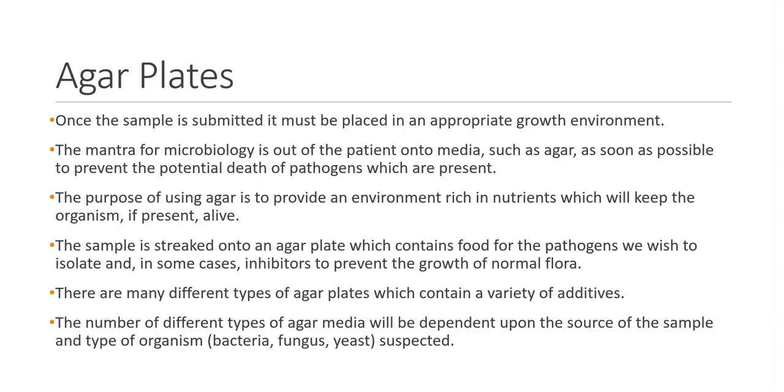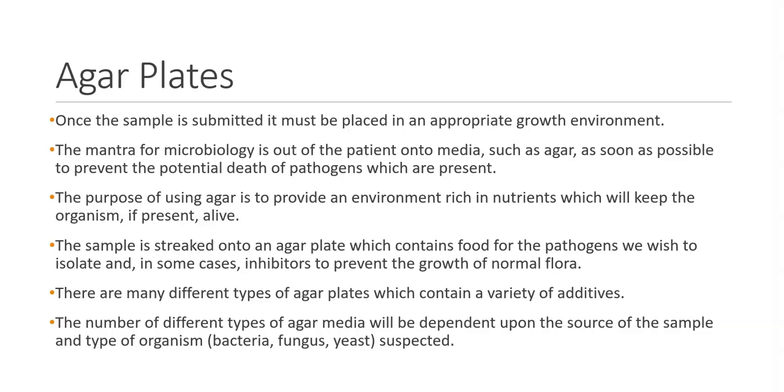So we will plate it on agar, and the purpose of using agar is to provide an environment that's rich in nutrients, which will keep the organism, if present, alive. The sample is streaked onto an agar plate, and these contain the food for the pathogens we wish to isolate, and in some cases, inhibitors to prevent the growth of certain normal flora.